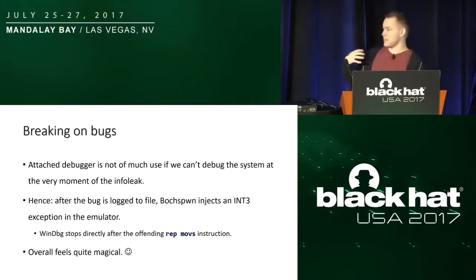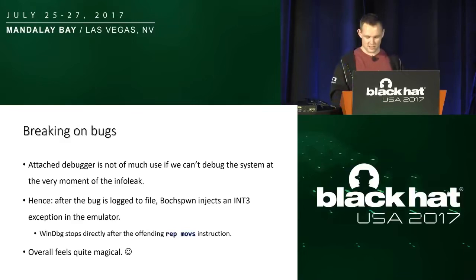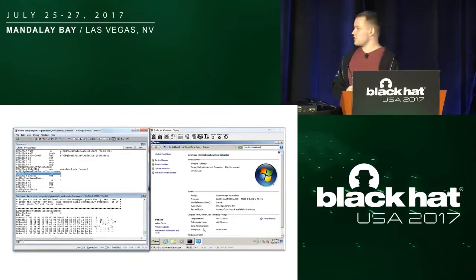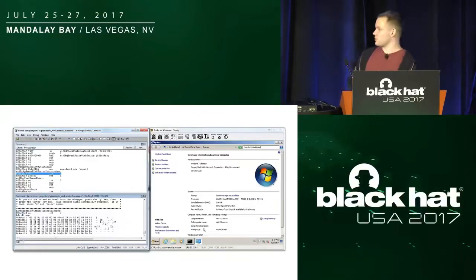So this lets us break into the debugger and see exactly what is going on and what memory is being copied to user mode and why. So for me, at least, it feels quite magical that it all works, but it does. So here we have a screenshot of WinDbg attached to the Bochs guest.